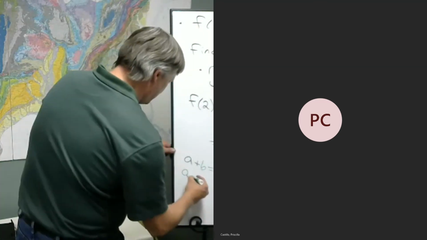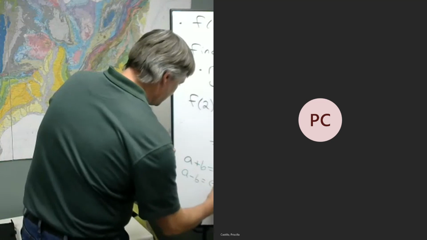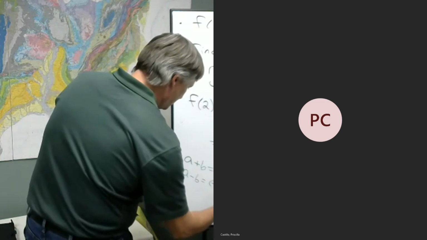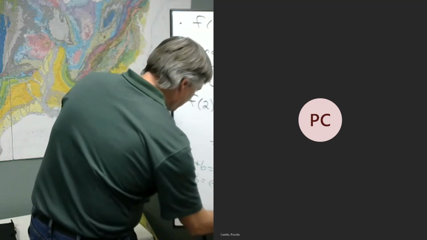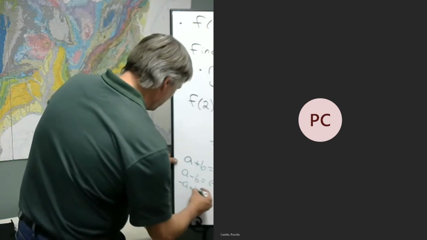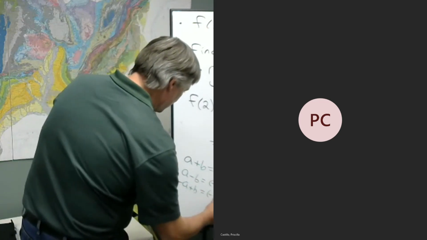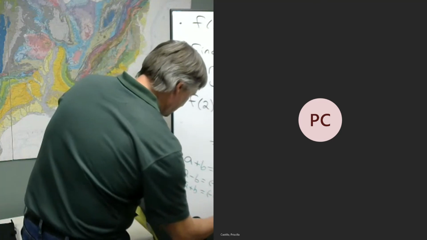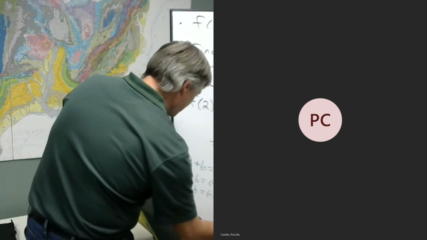Or if you have a minus b, this is -1 times -a plus b. And or you could have -a plus b. That would be -1 times a minus b.